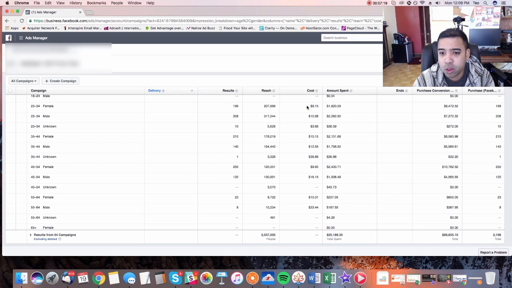And once you start scaling, this is the part where you start to scale. You can find out your numbers and you can basically duplicate that campaign and create a specific campaign just for 25 to 34 males, 25 to 34 females, and test that out. In this case, we grouped everything together in one campaign so we can find our data and easily show you guys our data on this particular campaign and what we've done in terms of finding out the numbers.